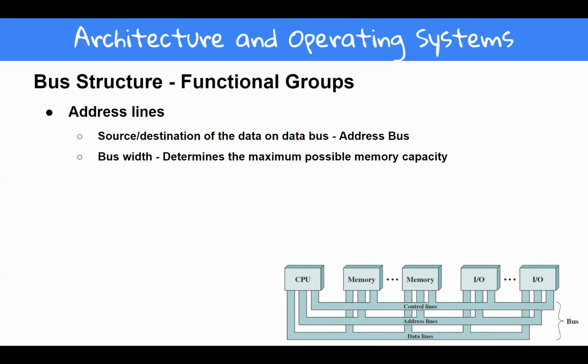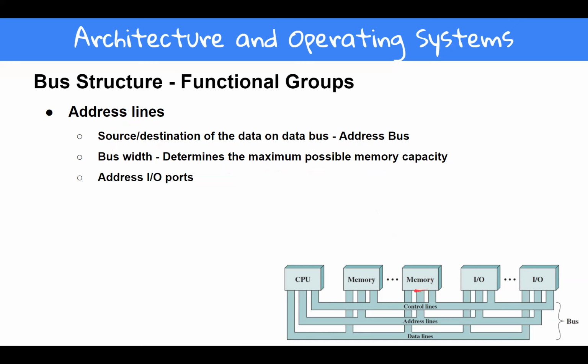Because if you have, for example, 4 bits for the address bus, it means that 2 to the power 4, which is 16, addressable locations in the memory. So your memory capacity should be 16. You cannot go for more than that. So the address bus width determines the maximum possible memory capacity.